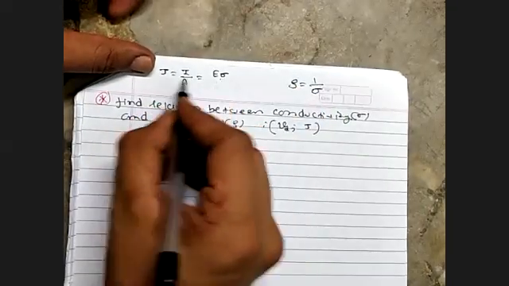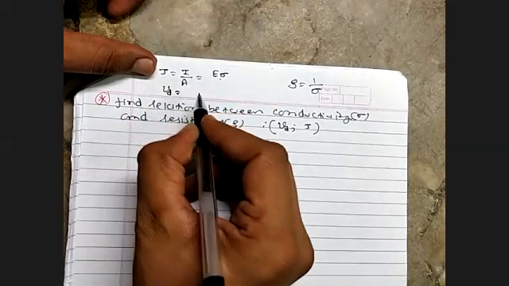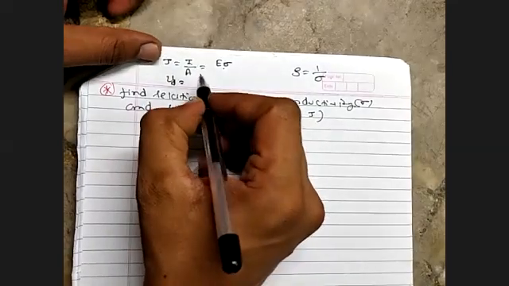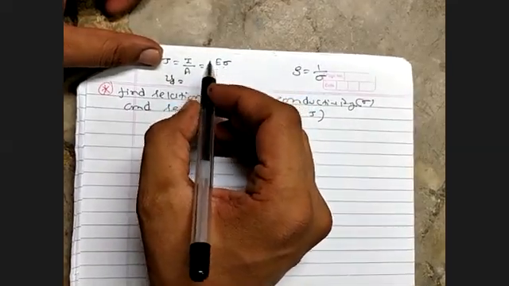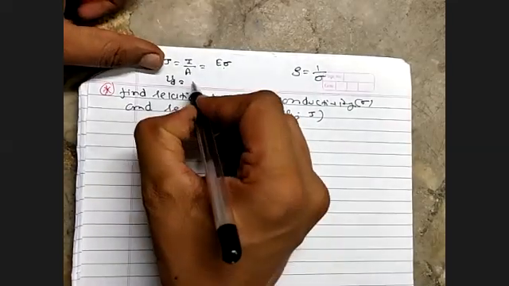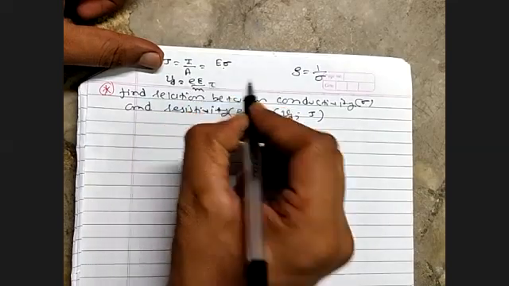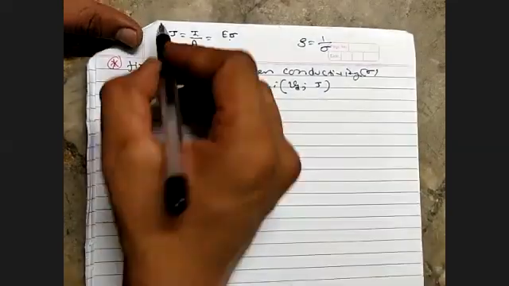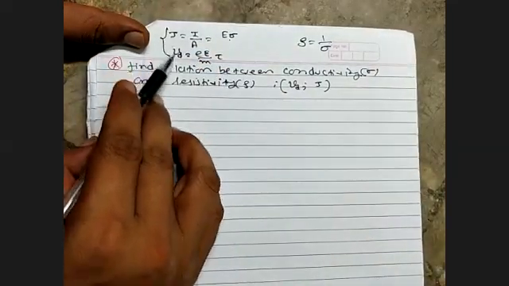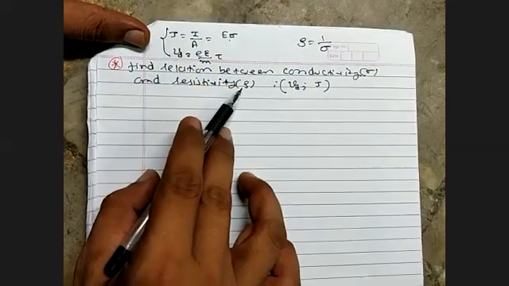Then there is the drift velocity Vd, whose equation we learned previously: Vd equals eE, that is the force, divided by mass, into relaxation time. So we take the help of J and Vd and identify the relation between sigma and rho.